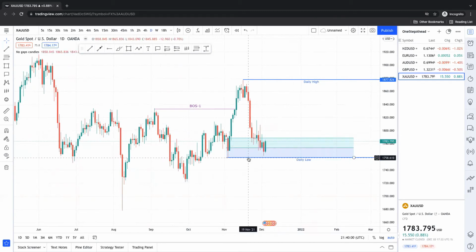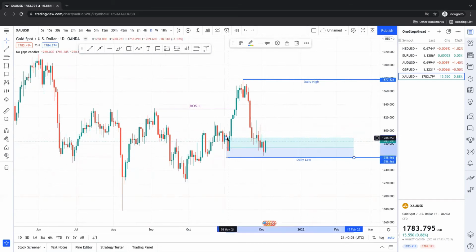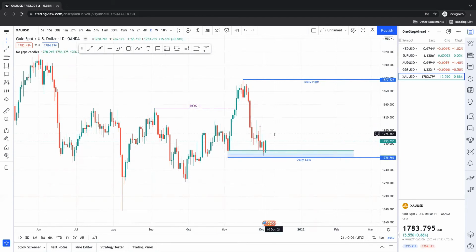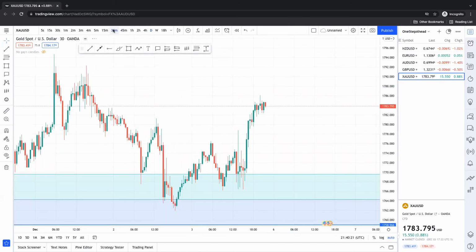It's not violated yet, and let's say I refine this order block for this week. Tomorrow, if this order block is still valid and not violated, then I think we are good to go long for the gold.